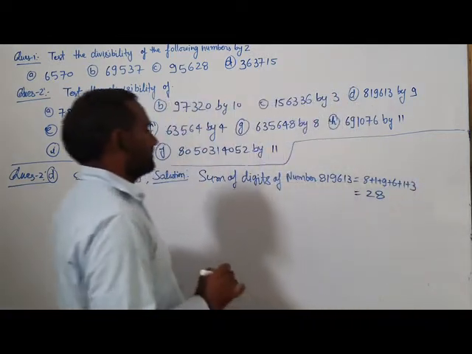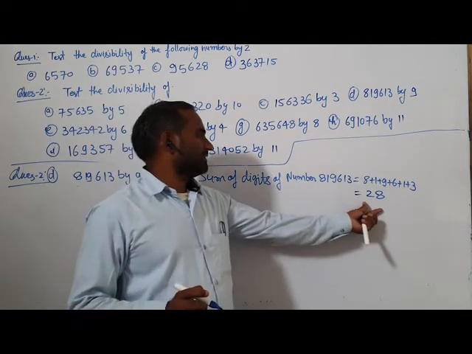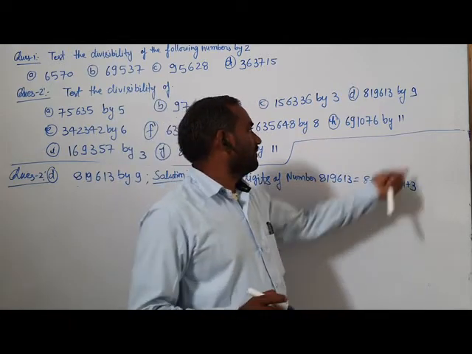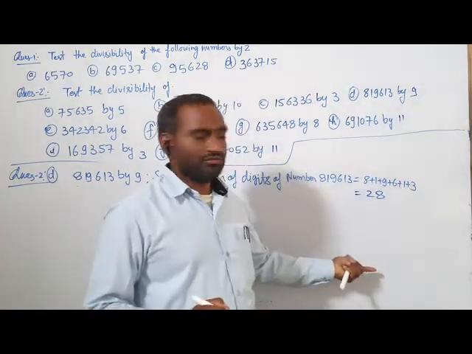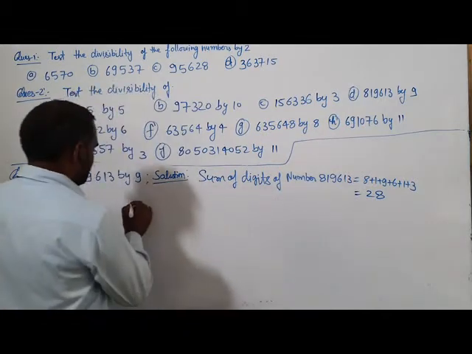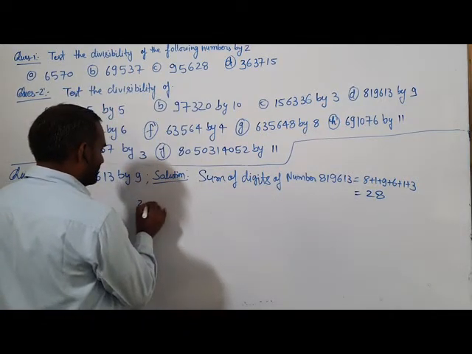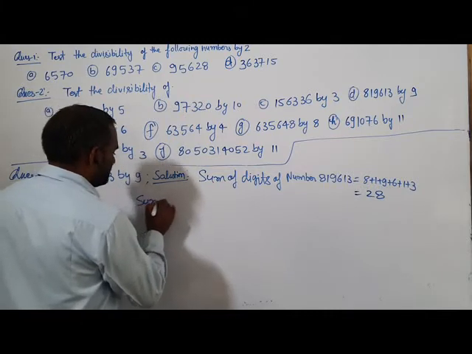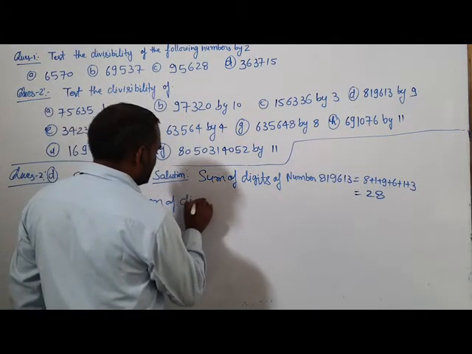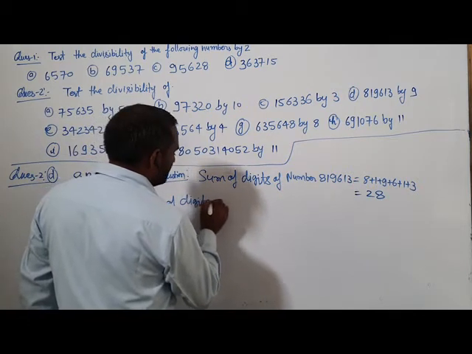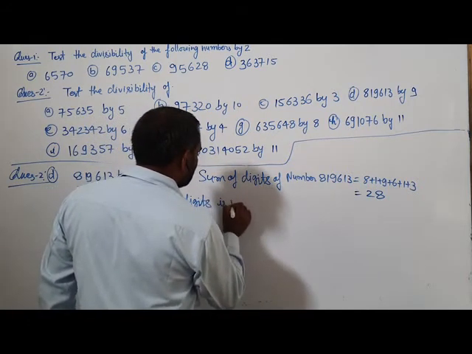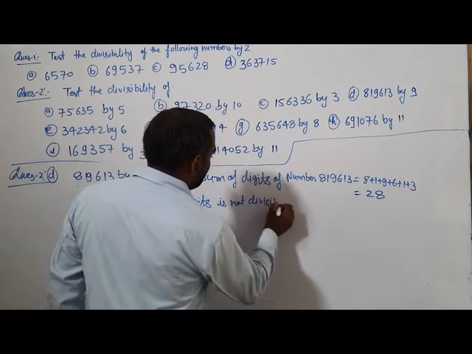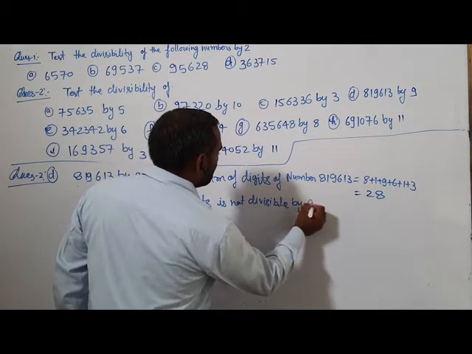28 is not divisible by 9. 9 threes are 27, but 28 is the sum of digits. The sum of digits is not divisible by 9.